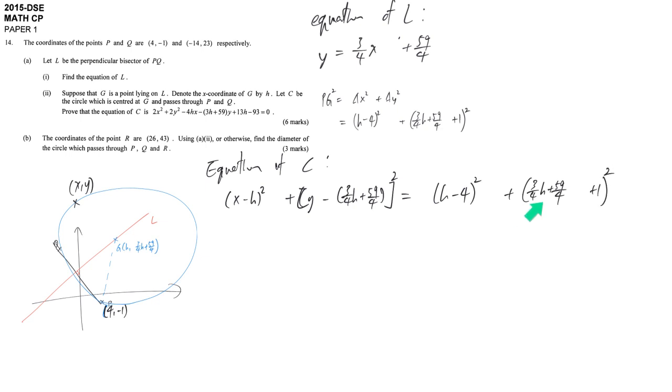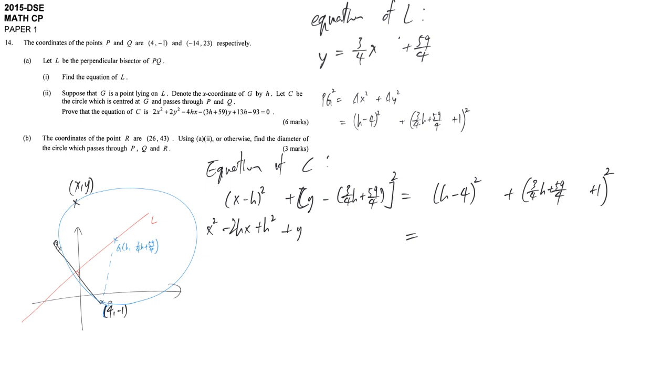So keeping this item squared is more convenient. If we expand it, it will cost lots of time, and it's easy to make careless mistakes. But if we keep this format, it's easier for our calculation.